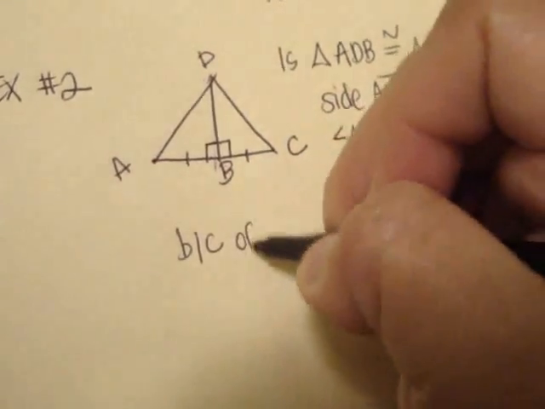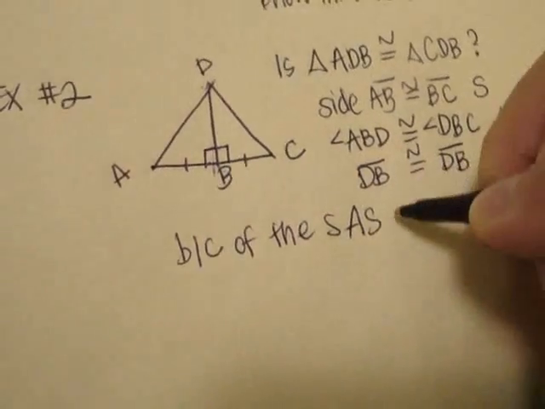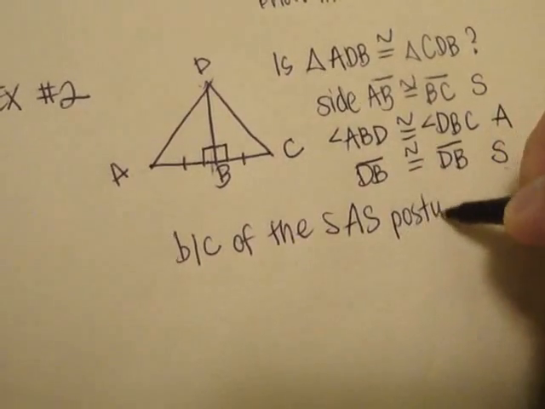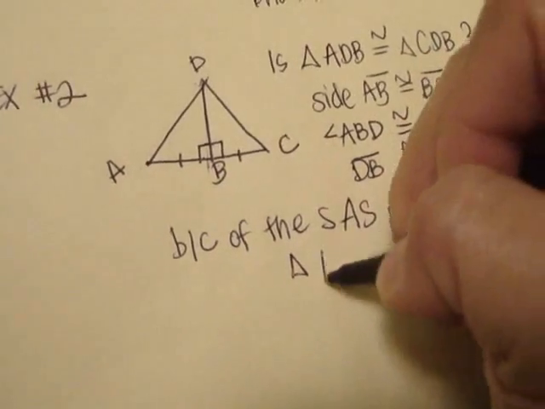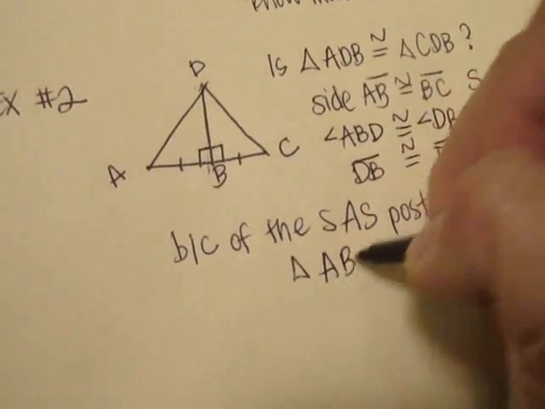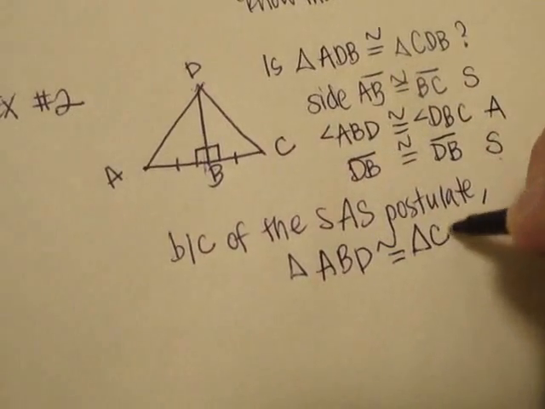Because of the side angle side postulate, triangle ABD is congruent to triangle CBD.